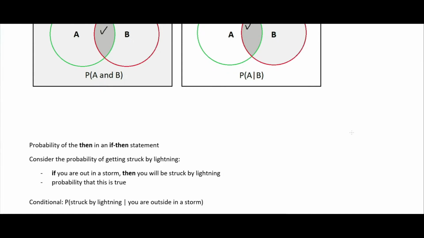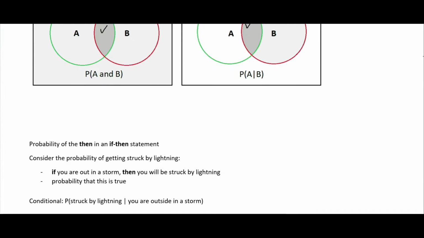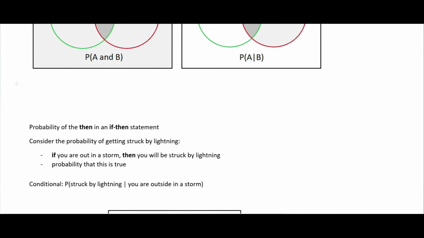And so to look at that, a conditional probability is essentially the probability of the then in an if-then statement. So if we consider the probability of getting struck by lightning, so the probability you will be struck by lightning, and then we could put other things in if, but here say the if is you are out in a storm.